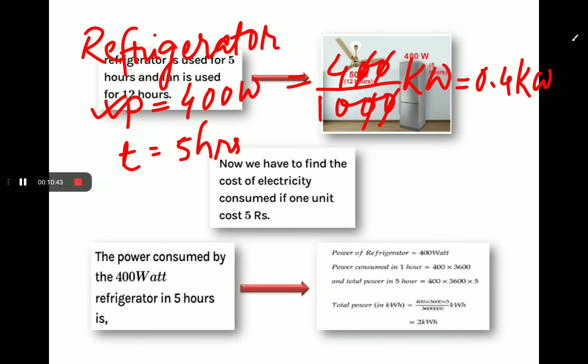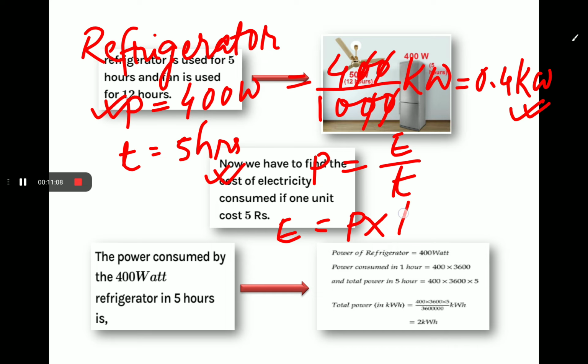Now we have power 0.4 kilowatt and time of 5 hours, and we know that power is equal to energy by time. So energy is equal to power into time.